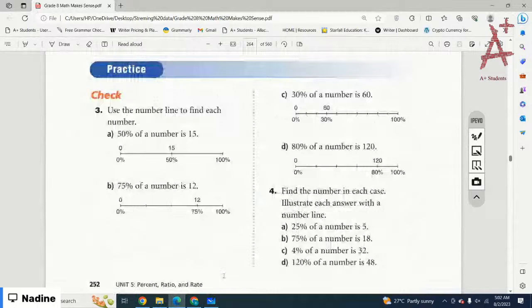Use the number line to find each number. So, you have to use the number line and you have to find the number, right?